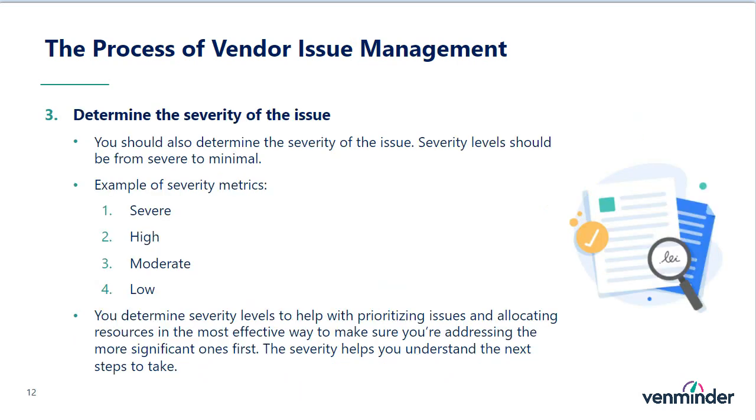Well, the next step we should talk about in our overall process is determining severity of the issue. It's important to do this right away because based on severity, regardless of the specifics of the issue itself, there might be certain things triggered, certain things like other stakeholders that might be involved, or other steps like testing or implementing exit strategies.